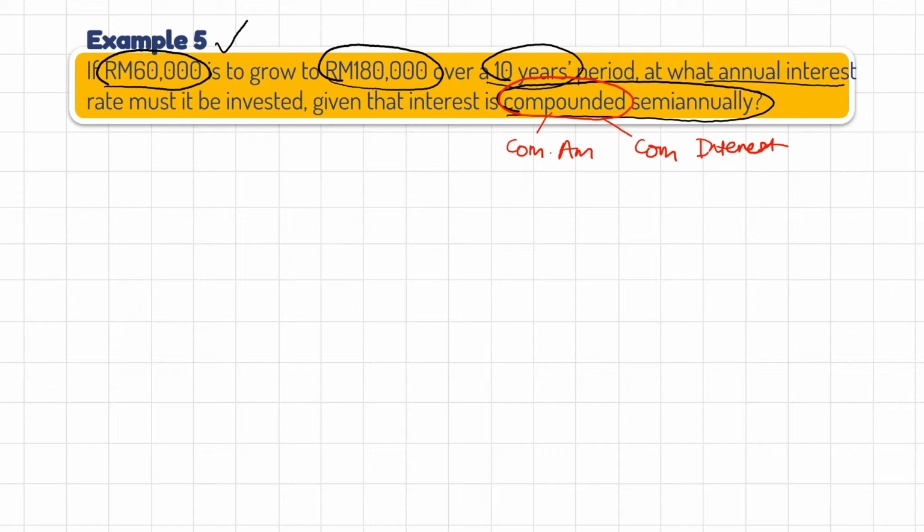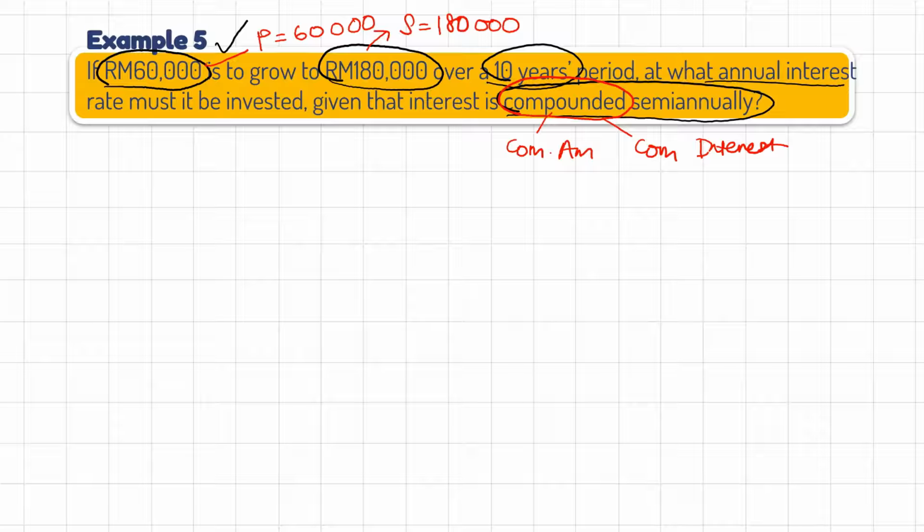Let's look at the values that we have. Here we have 60,000 is to grow to 180,000. Means that we will get 180,000 at the end of 10 years. So this will be the sum at the end of the term, which means this will be our S equals to 180,000. Therefore, 60,000 is the value of P. P is equals to 60,000.